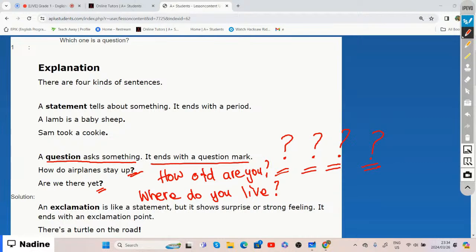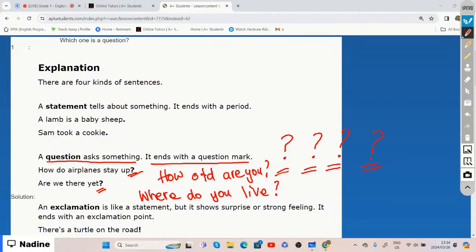Those are questions and they ask something, which means that if I ask you something, you need to respond. It's like I asked you a question, is it option 1, 2, 3, or 4? And you answered.